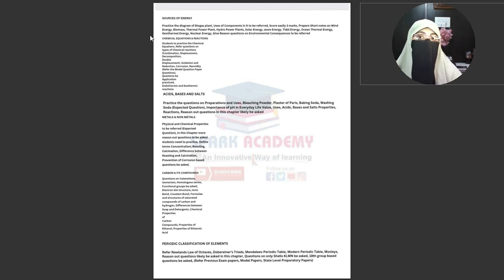Okay, so you need not do that. You need to practice the diagram of the biogas plant, then the uses of components in it, like what components are used in a biogas plant and what is the use of each, that you need to study. From that you can easily score the 3 marks.